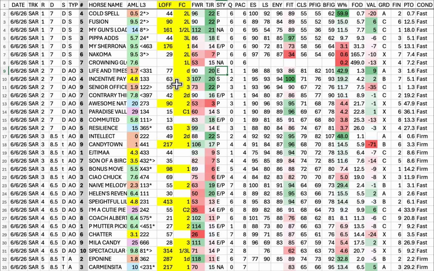And then there's C1, C2, C3, first, second, third off a claim. C1 is factored into win percentage. I never had that factor in before. So the form cycle column is a lot more powerful and is feeding into the win percentage column.